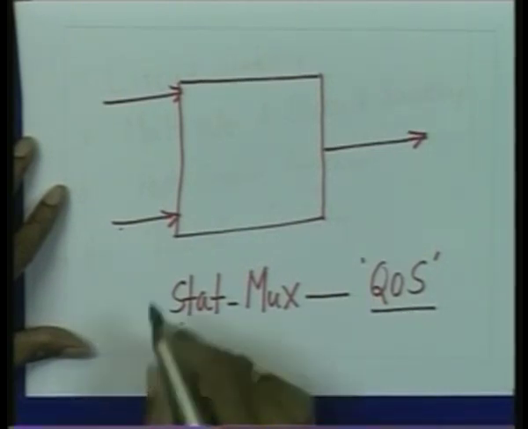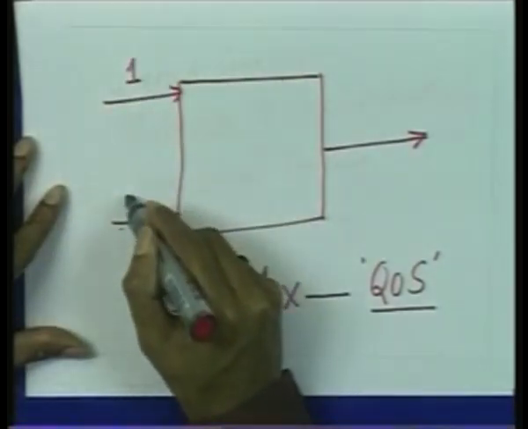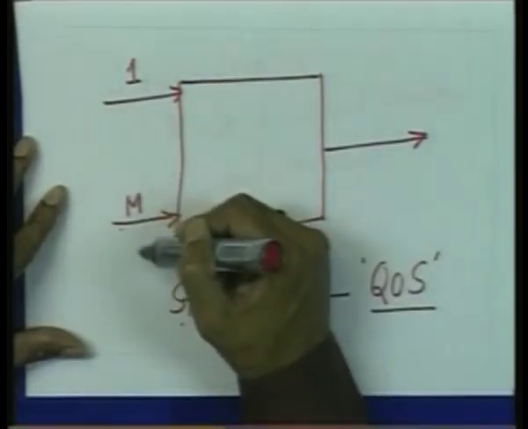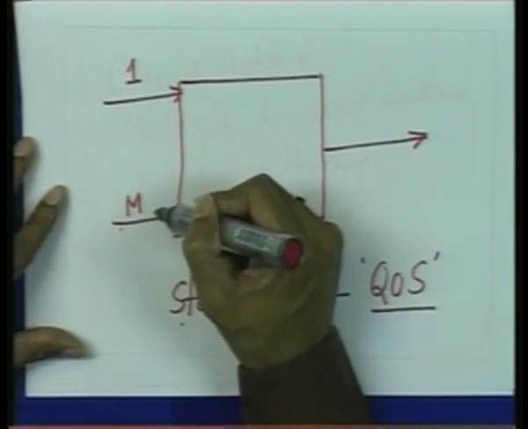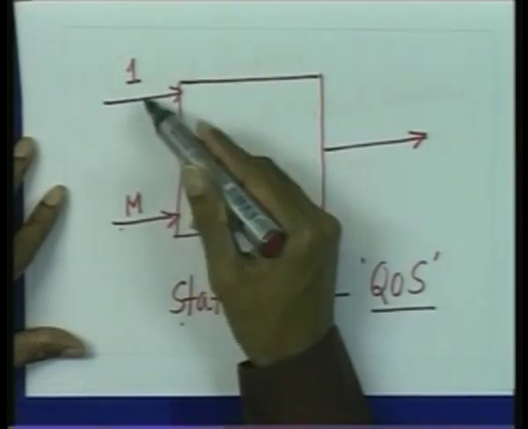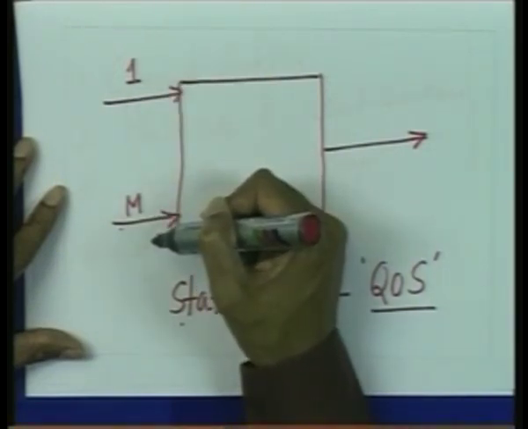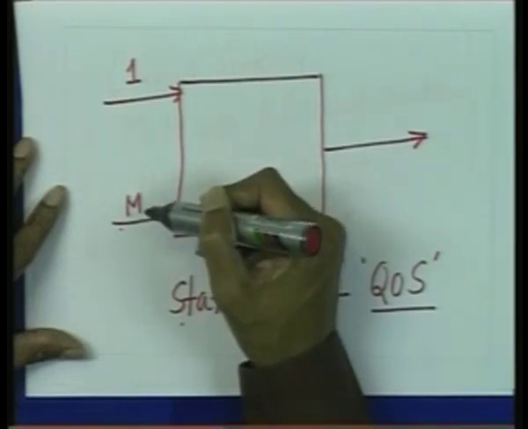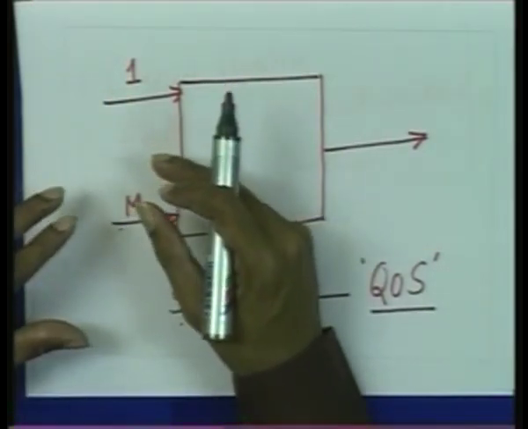Now, we assume that these M traffic sources have data or traffic which is statistical in nature. So, they do not transmit a constant periodic bit rate, but their bit rates are variable in nature, and that is where we will show that there is an advantage of statistical multiplexing.